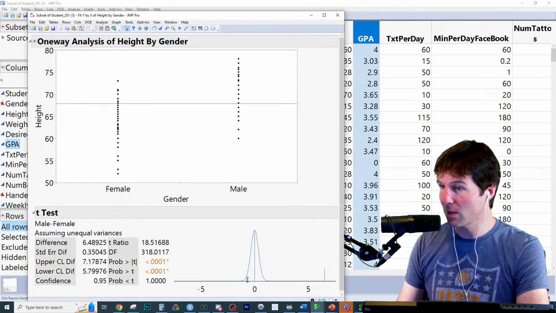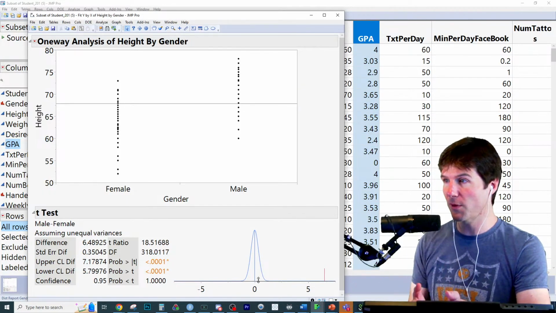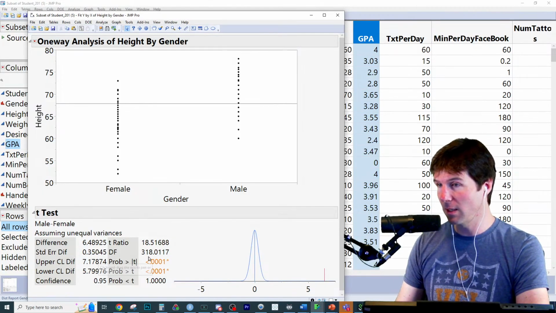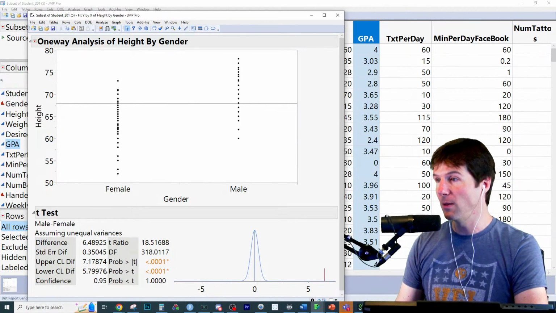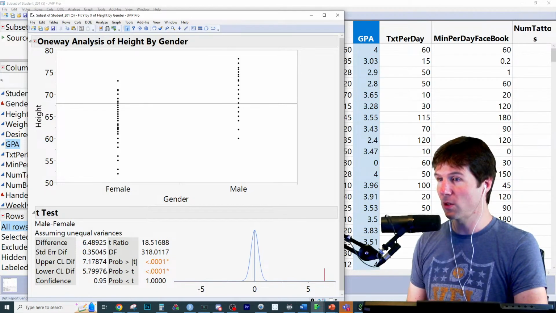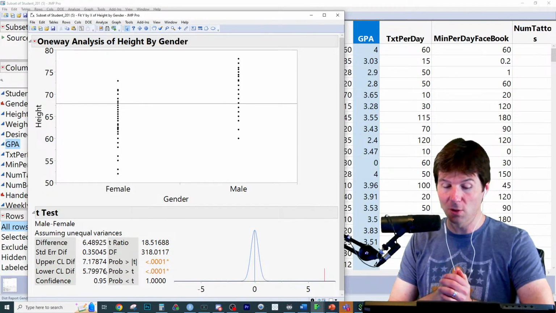So we hypothesize 0 is true. That's why it's at the center, because if 0 is true, then the most likely thing to see is no difference. We saw a difference of 6.5 basically, and that difference is very large and not likely by random chance. And 0 is not contained in the interval estimating the true difference, so we could say there's really good reason to believe that 0 is not the true difference.